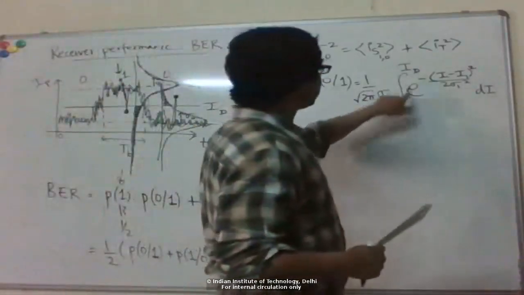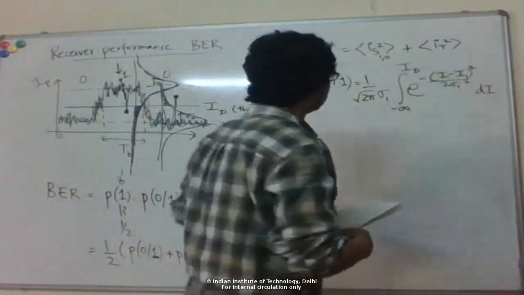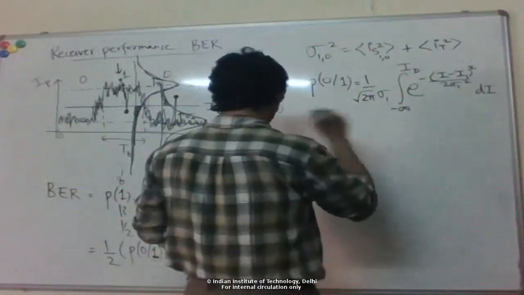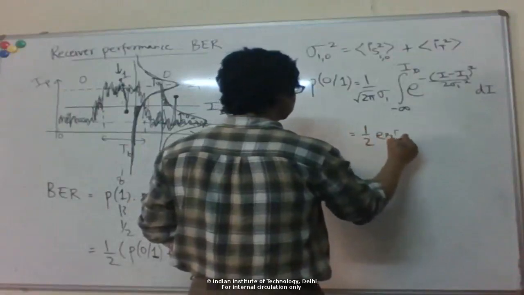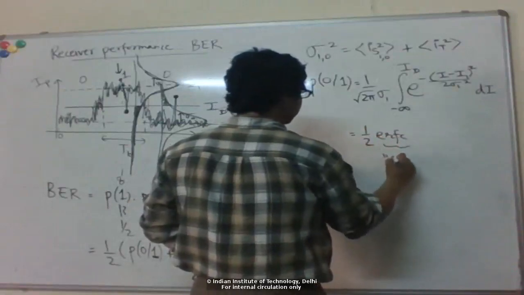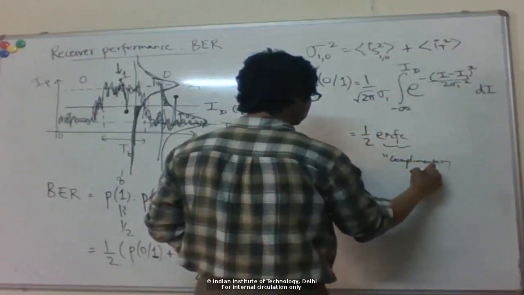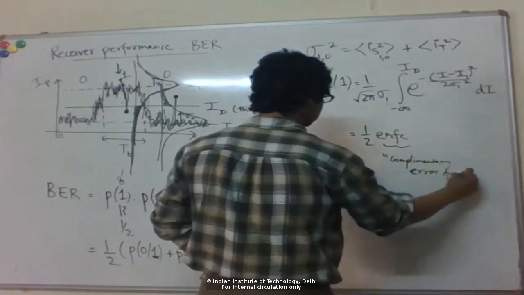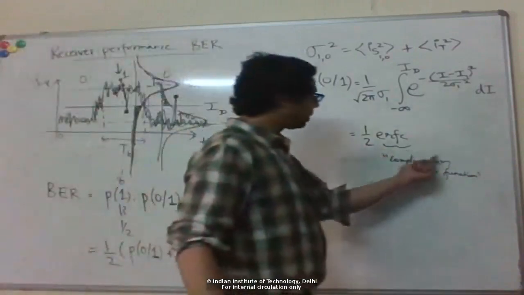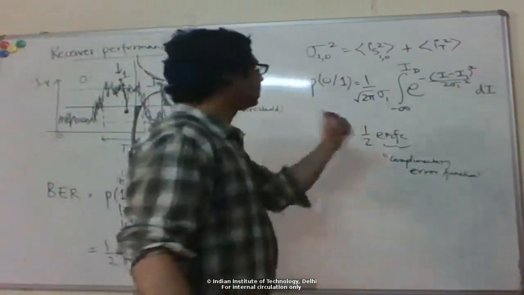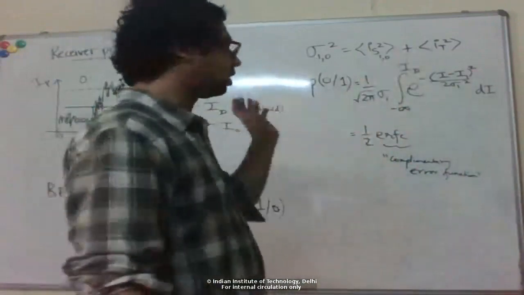This integral of a Gaussian function from minus infinity to some number is well known. It's known as the error function or complementary error function, ERFC. It shows up in many places, the integral of a Gaussian from either minus infinity to some value or from some value to infinity.